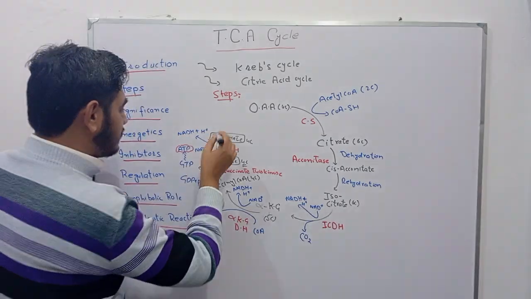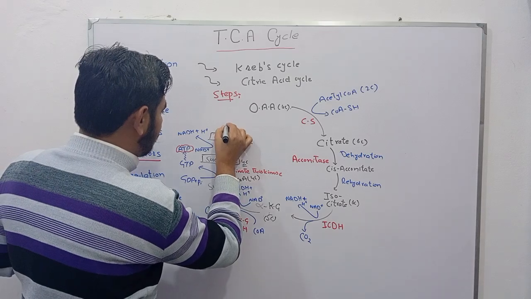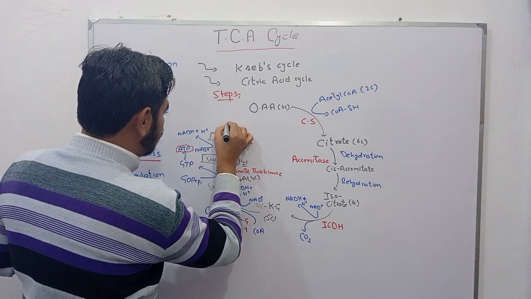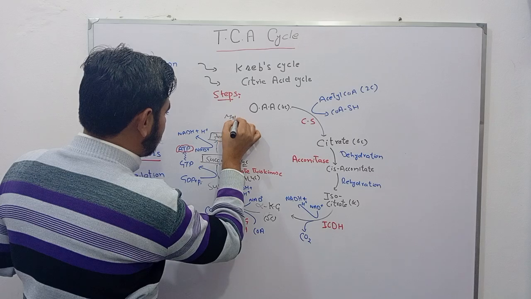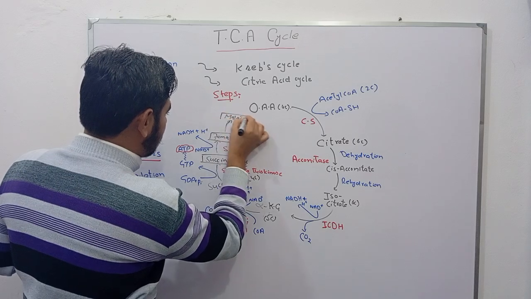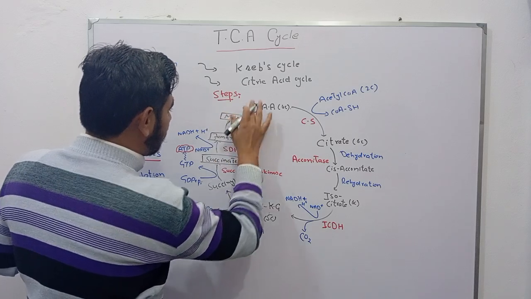In the next reaction, this fumarate converts into malate, which is a 4 carbon atom containing compound.